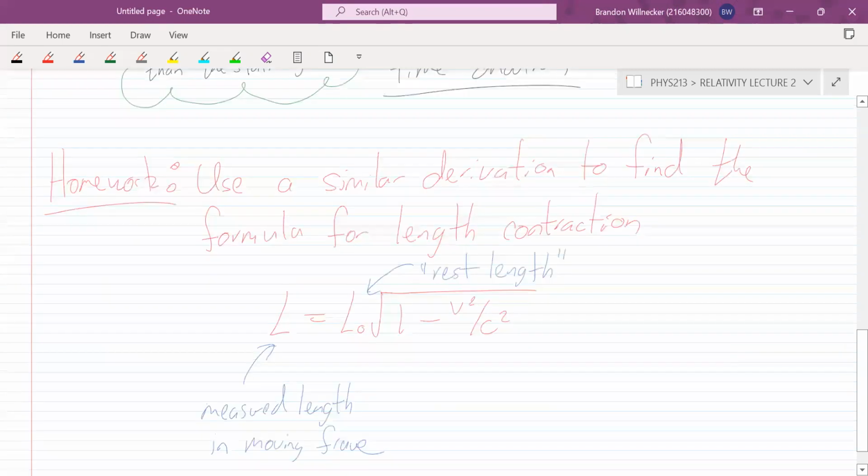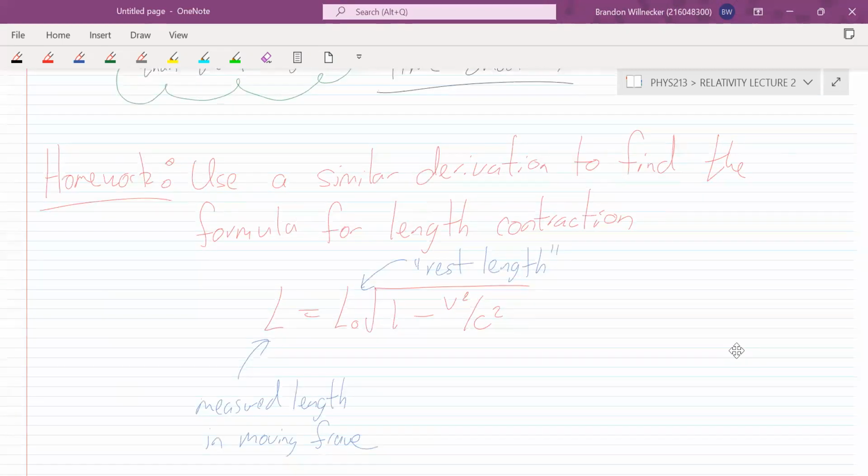Later on, we will look at the so-called rest mass, but I don't want to call it rest mass. We should be moving away from that. Your mass is just your mass. If you are moving, then you have this extra energy that just adds to your energy, so you have some higher effective mass, for example.